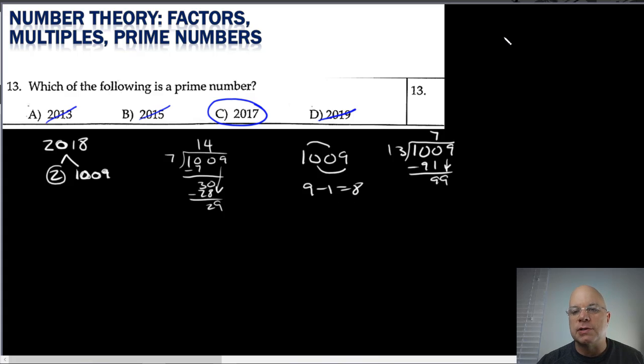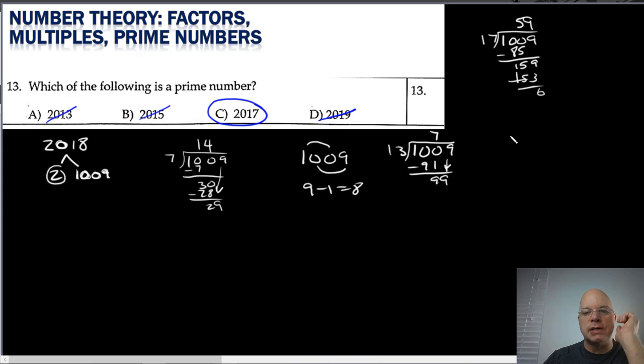I do have to check 17. 5 17s is 85. 9 17s is 63, and 90 is 153. So 17 doesn't work.